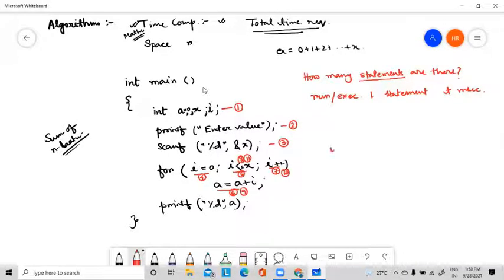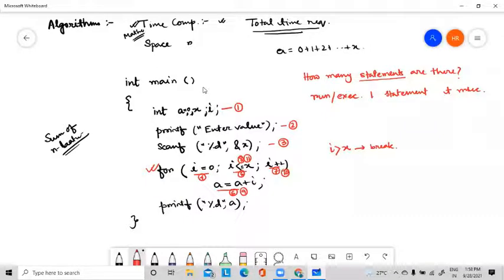i becomes greater than x. When i becomes greater than x, it will break. It will stop. Okay. So now see, inside this for loop, the number of statements basically depends on a particular value or variable.